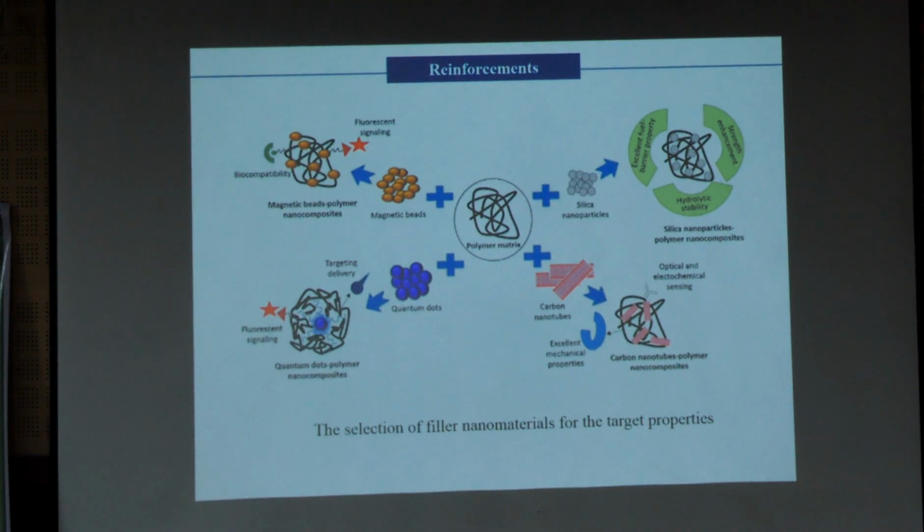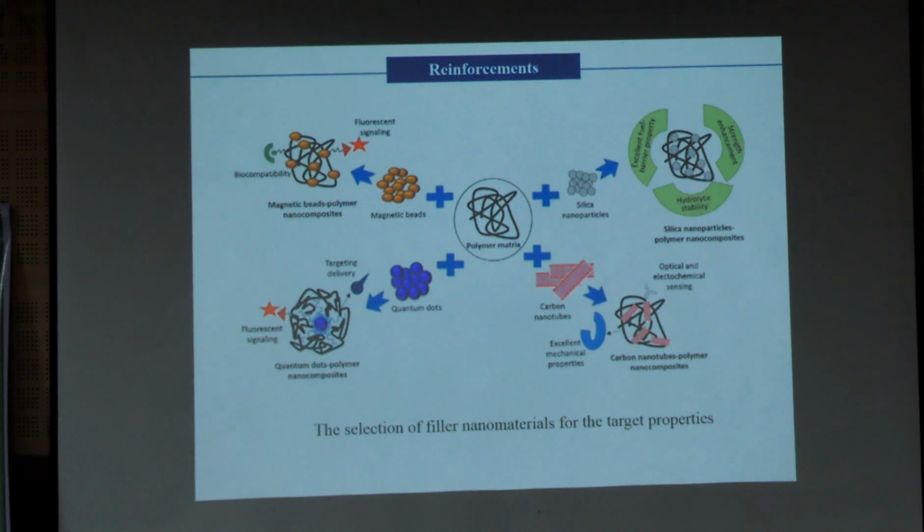So again here there are so many processes to synthesize these polymer nanocomposites or hybrid nanocomposites. That means here also either you can reinforce one type of particles or more number of particles.